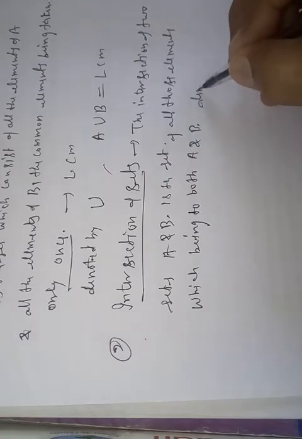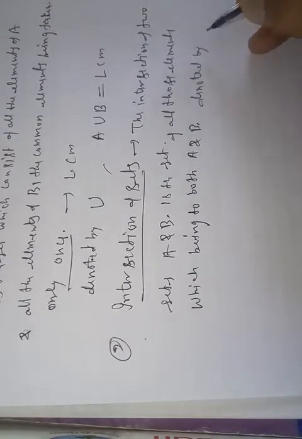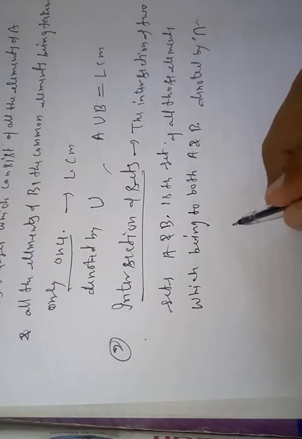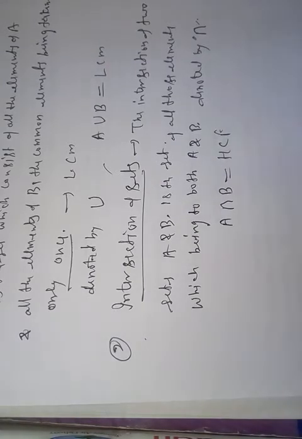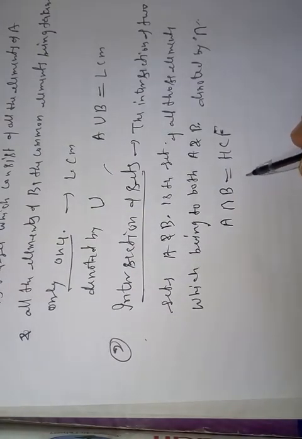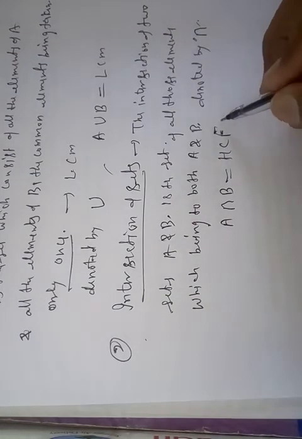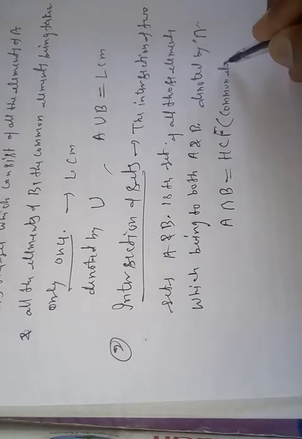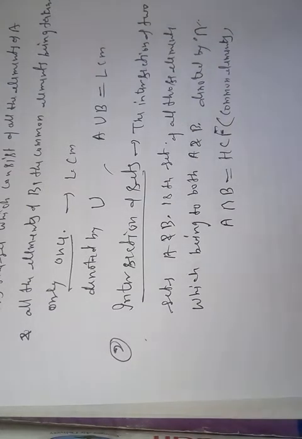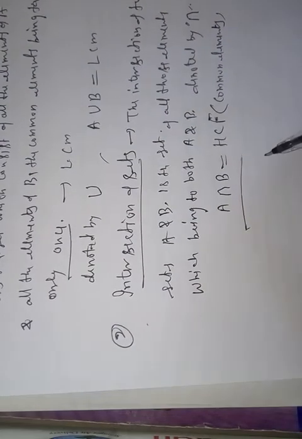This is denoted by the intersection symbol. A intersection B is the set of the common elements, so A intersection B equals the common elements of the two sets. Clear?